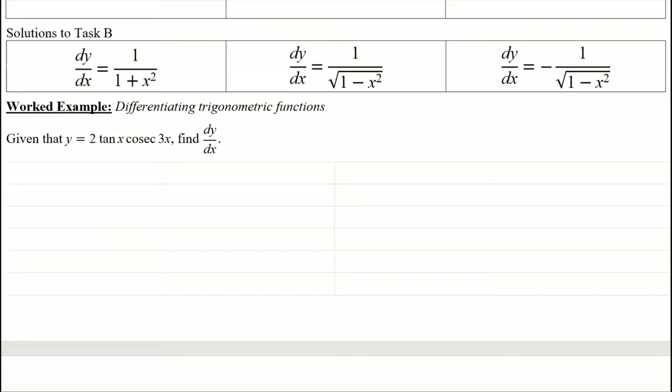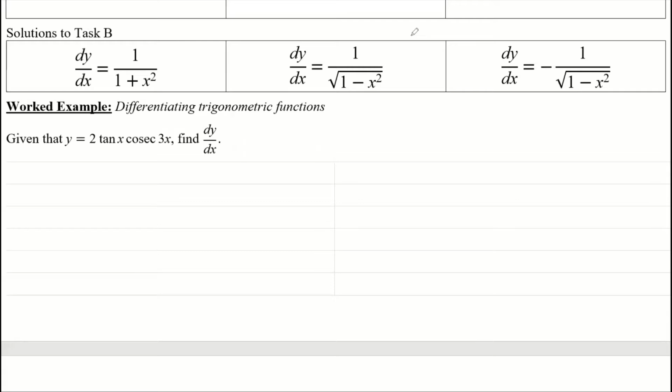Okay, so now we've differentiated some other trig functions, those reciprocal ones, and we've also differentiated the inverse trig functions. We're just going to do an example where we apply some of the knowledge we've just come across. So we've got a function here. We've got y equals, beg your pardon, 2 tan x multiplied by cosec 3x.